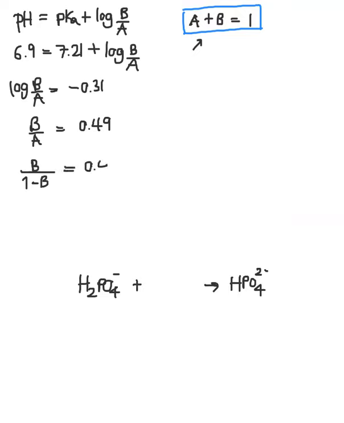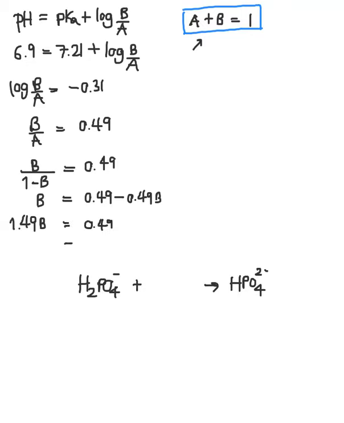So B divided by 1 minus B will equal 0.49. And then B will equal 0.49 minus 0.49B. So that means 1.49B equals 0.49.